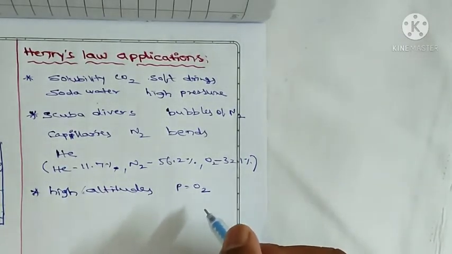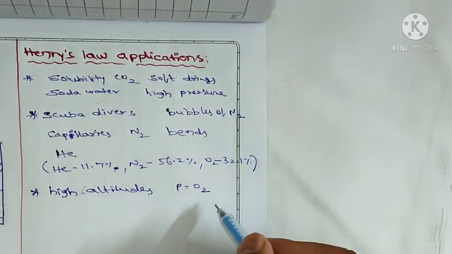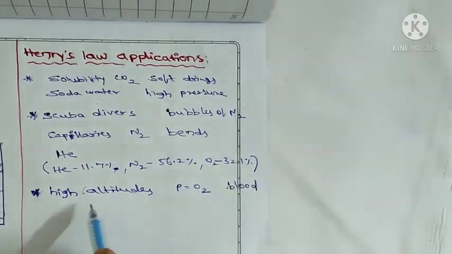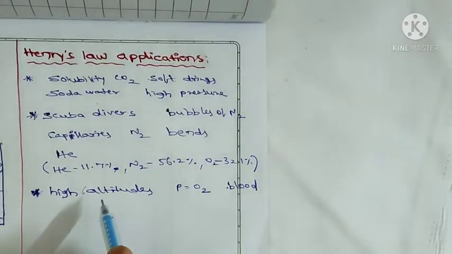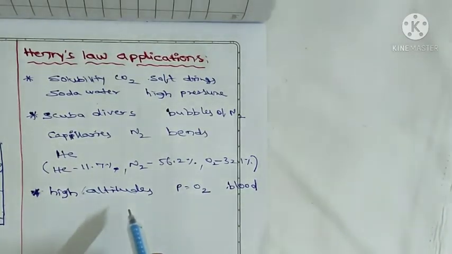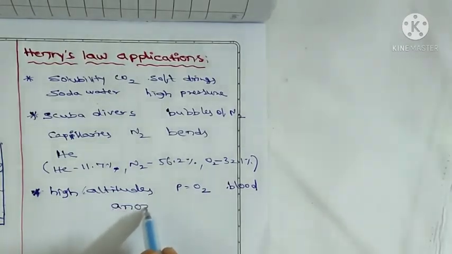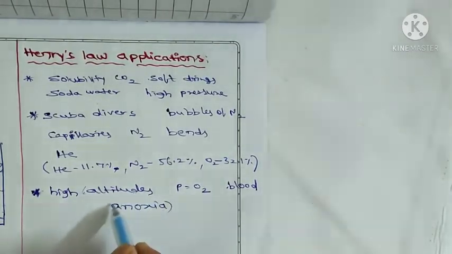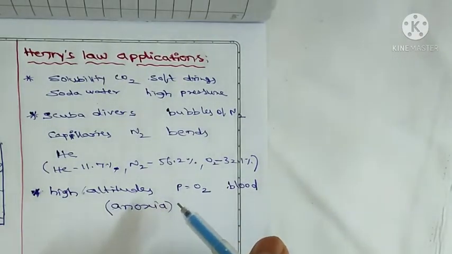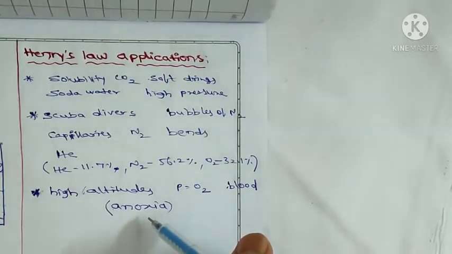So this leads to low concentration of O2 in the blood. So low blood oxygen makes one unable to think clearly, meaning the person cannot think clearly. That behavior is called anoxia. So the low percentage of O2 in the blood causes anoxia.